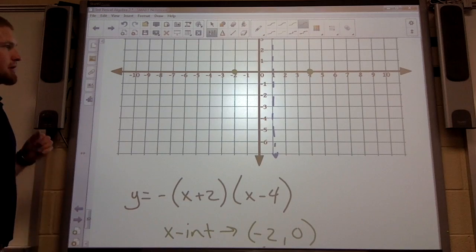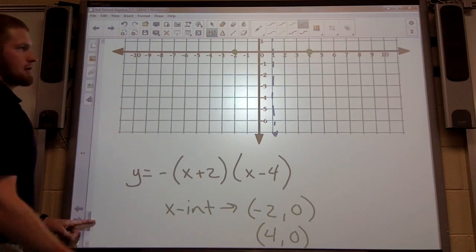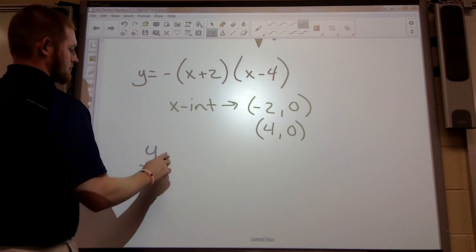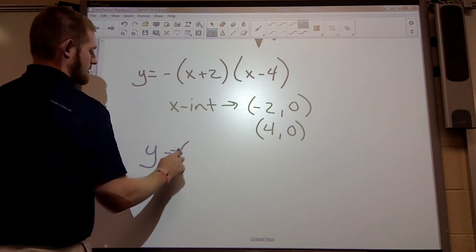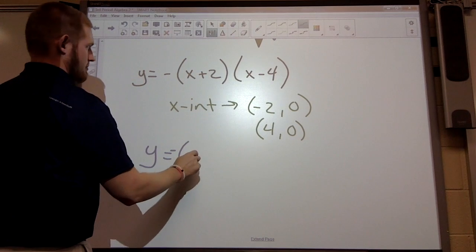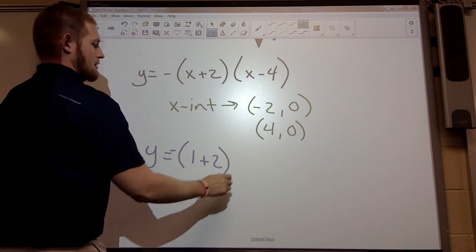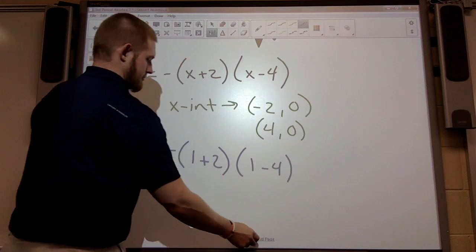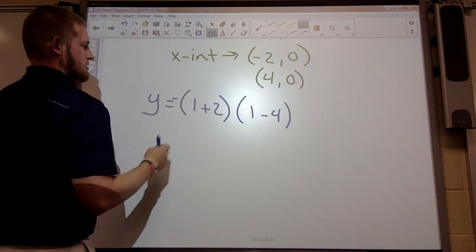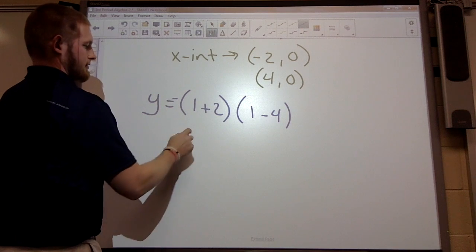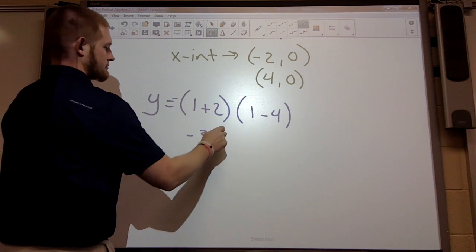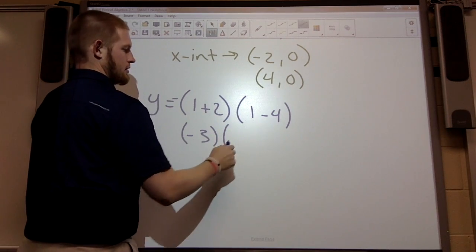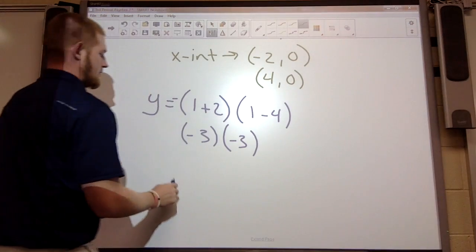But we need to find my vertex. I know my x value is 1. So I'm going to take my x value: y equals negative, instead of x, I put 1, plus 2, times, instead of x, I put 1, minus 4. 1 plus 2 is 3, but there's a negative sign out front, so I have negative 3, times 1 minus 4, which is negative 3.